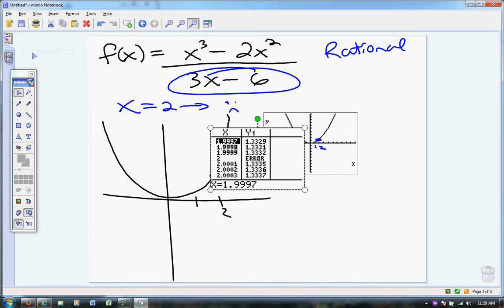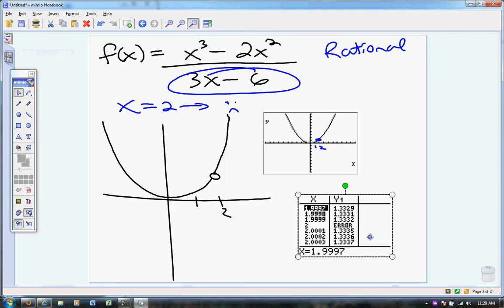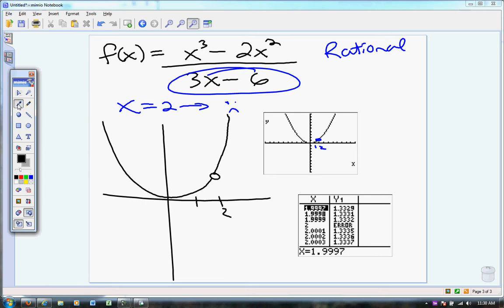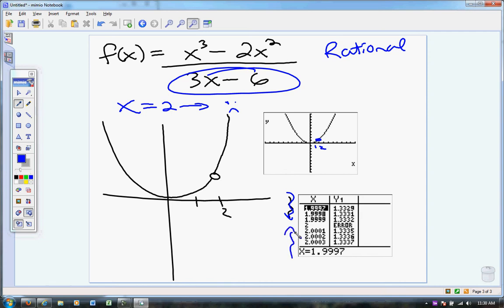As we look at this table, isn't it safe to say that as x gets really close to 2, from both directions, what is the function value approaching? Don't look right at 2. Look as we get really close to 2. Isn't it 1.33 approximately?